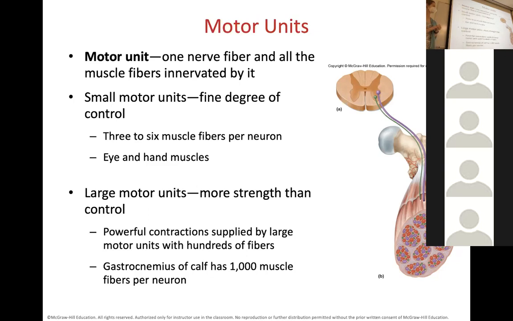Usually one neuron will control 3 to 6 muscle fibers. So 3 to 6 cells are controlled by one neuron. That is not many. Those are the small motor units, aptly named. The large motor units are more concerned with strength rather than dexterity.